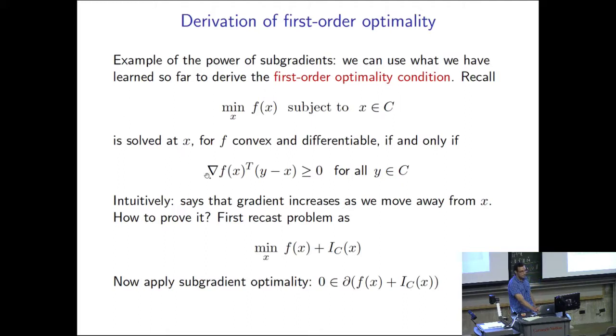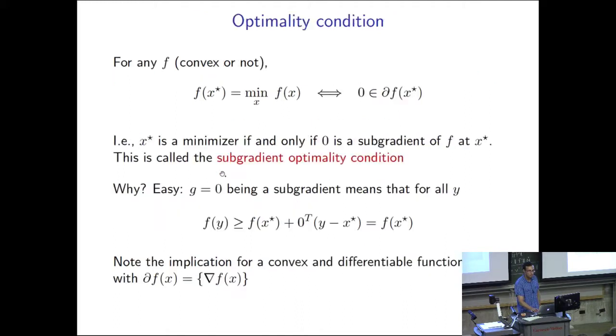The way I think about it is that if I'm at the point x and I think about moving to any other feasible point y in the constraint set, then the gradient at x should be telling me that's a bad idea. It should be telling me that I'm only going to increase the function by doing so. It's aligned with the vector from x to y, because this is non-negative. So this is equivalent to having solved this problem, and we're going to derive this from this condition.